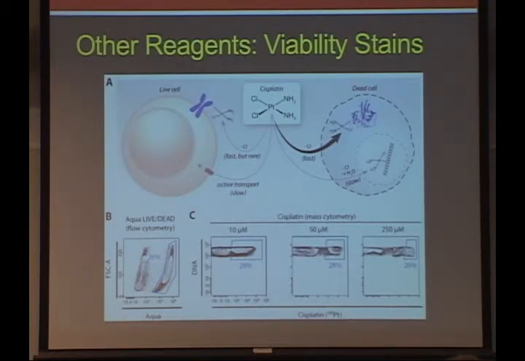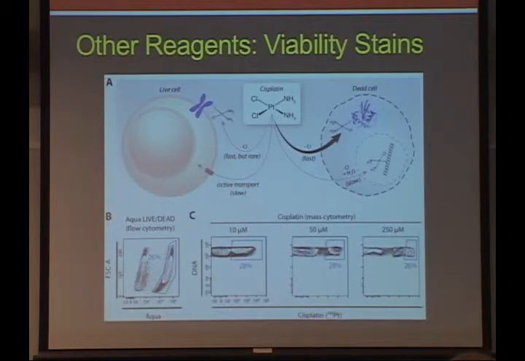So you may be familiar, for those of you who do flow cytometry, with the AquaLive dead stain that's very widely used to gate out dead cells before performing an analysis. What we use for mass cytometry is cisplatin, which you may be familiar with as a chemotherapeutic agent. It's actively transported across the plasma membrane of live cells, but dead cells with permeabilized membranes can take up cisplatin fairly quickly.